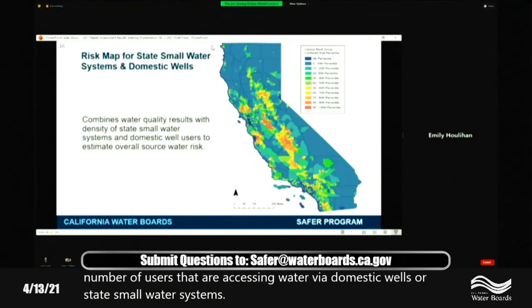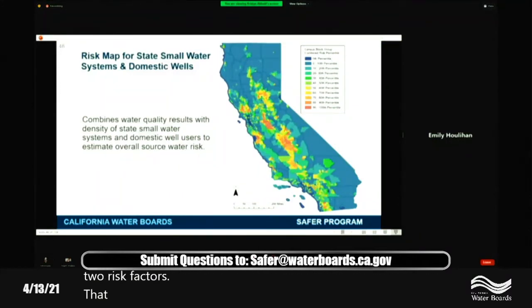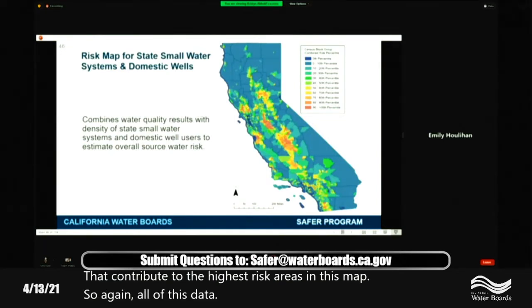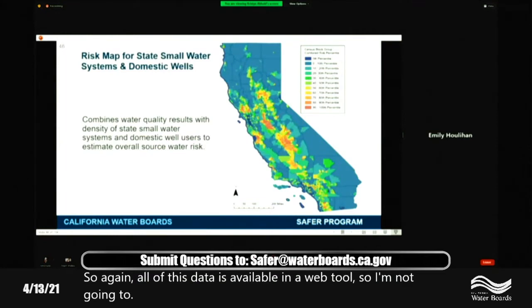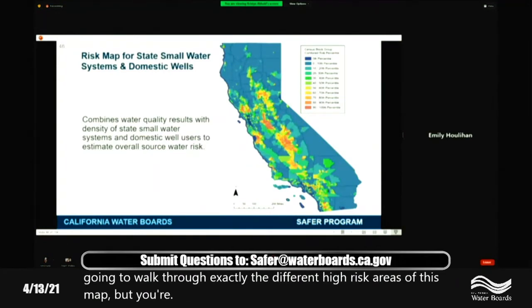And it's really this combination of these two risk factors that contribute to the highest risk areas in this map. So again, all of this data is available in a web tool, so I'm not going to walk through exactly the different high-risk areas of this map, but you're very welcome to go check it out and zoom in on the web tool.